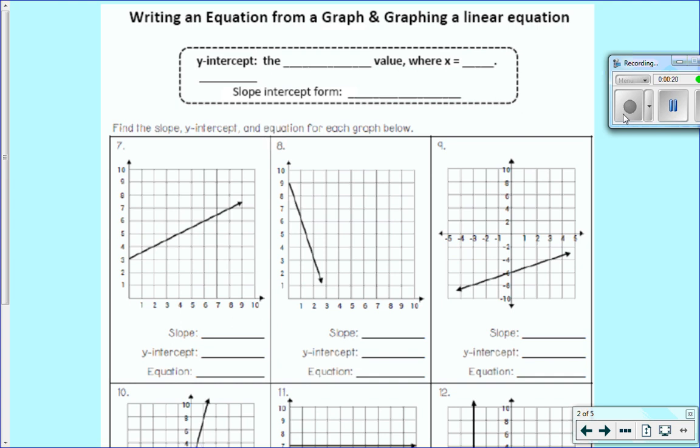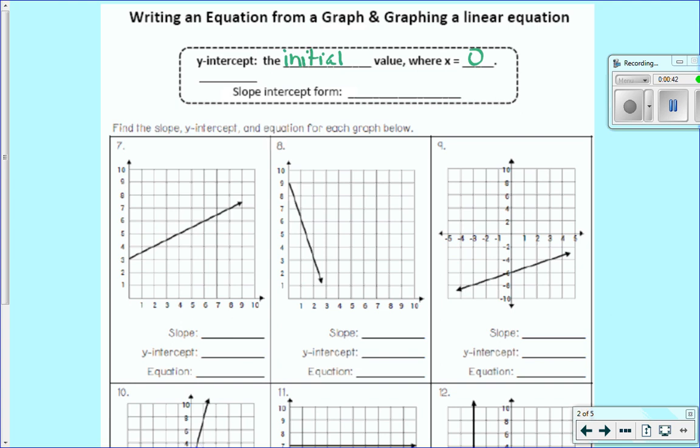All right, so today we have a vocabulary word, y-intercept. Okay, so we are going to be identifying the y-intercept from the graph. The y-intercept is the initial value where x equals 0. So when x equals 0, whatever your y value is, that is your y-intercept.